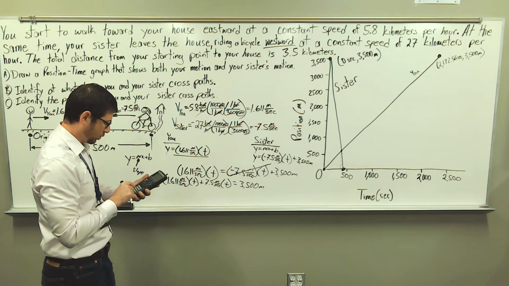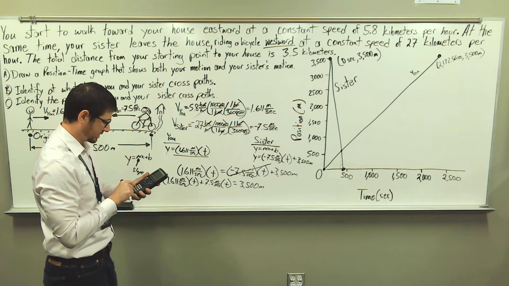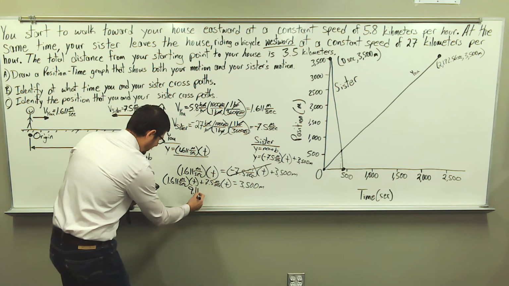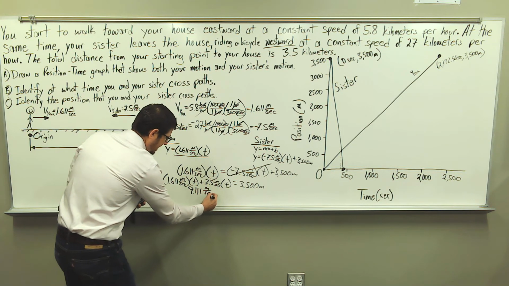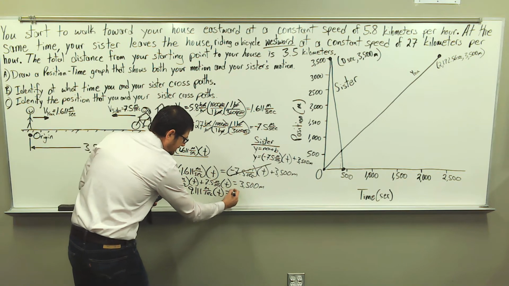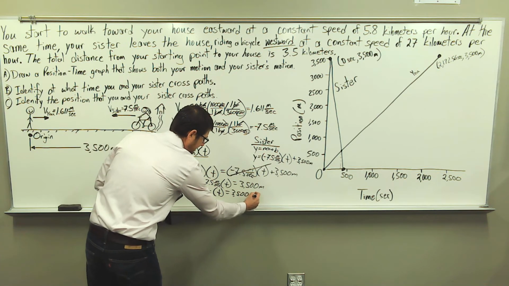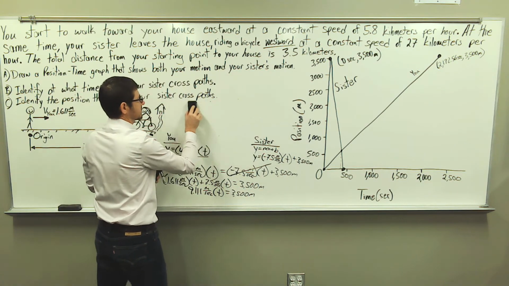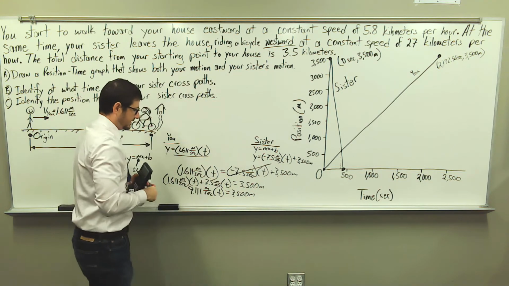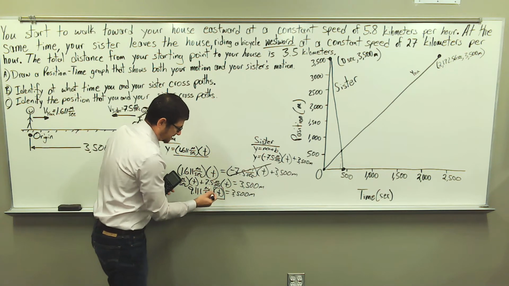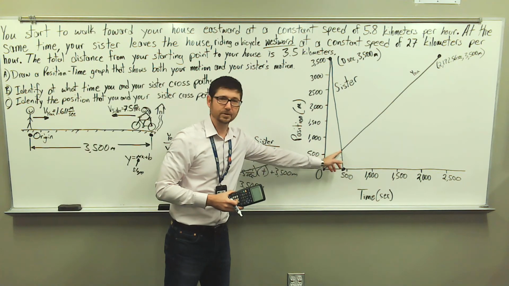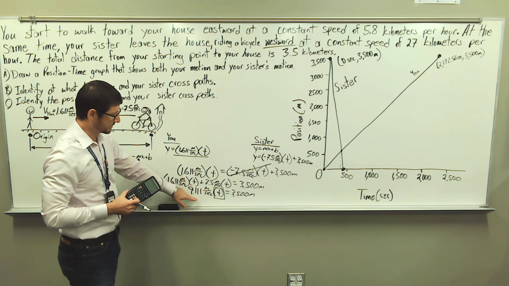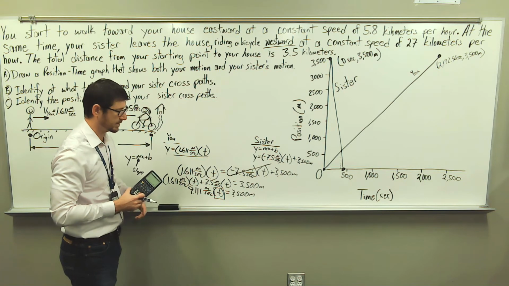So I have 7.5 plus 1.611, and this is going to be 9.111 meters per second times t is equal to 3,500 meters. Now what I want to do is isolate t, the time where your and your sister's paths cross. So I'm going to divide both sides by 9.111 meters per second.